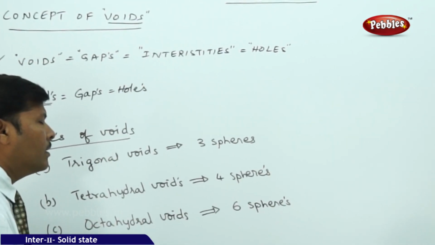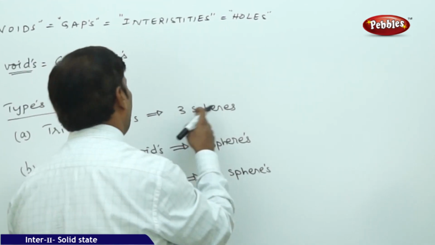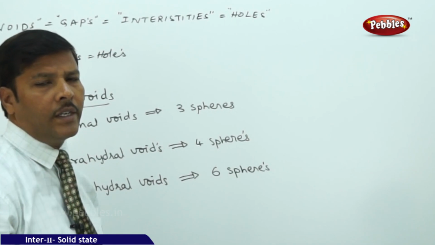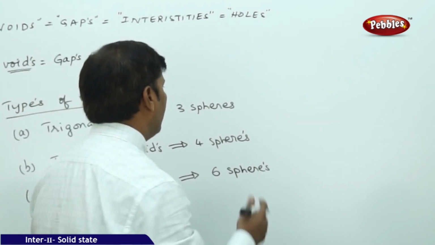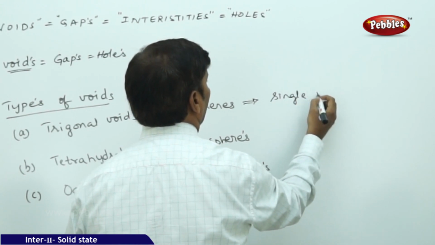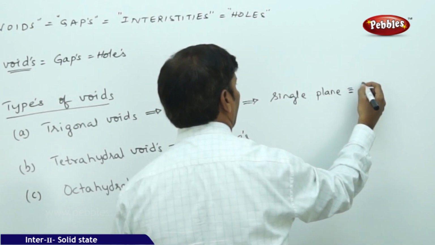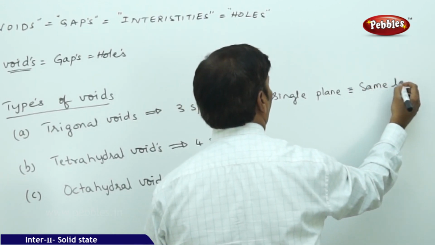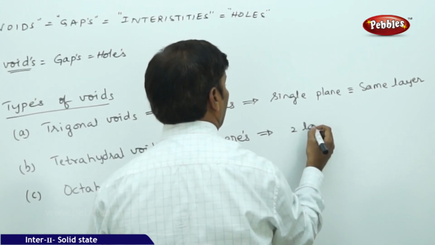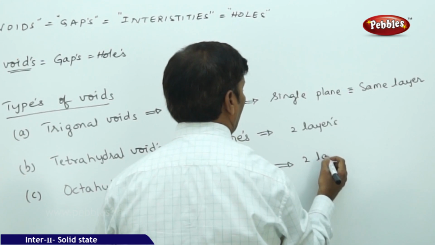In all the cases it requires a minimum of 2 layers, but particularly a trigonal void can be created in the same plane itself, in one single plane, of the same layer. Here it requires 2 layers, and here also it requires 2 layers.